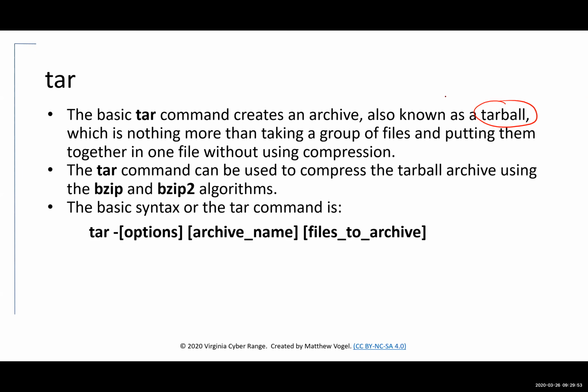The original purpose of tar is not to compress files, but to collect a bunch of files into a single archive file. The term tar is actually an abbreviation for tape archive. This is from the days when you would back up your file system not to another hard drive or to a CD, but to a tape.